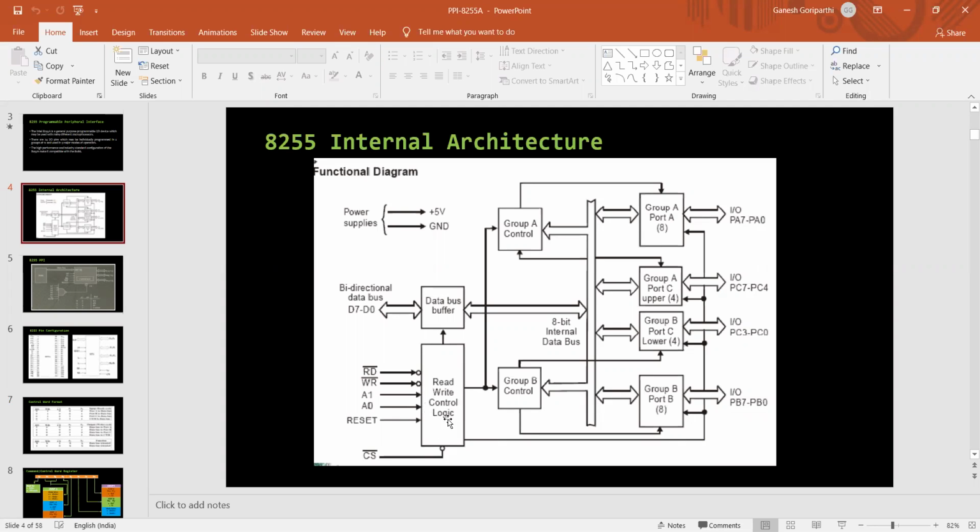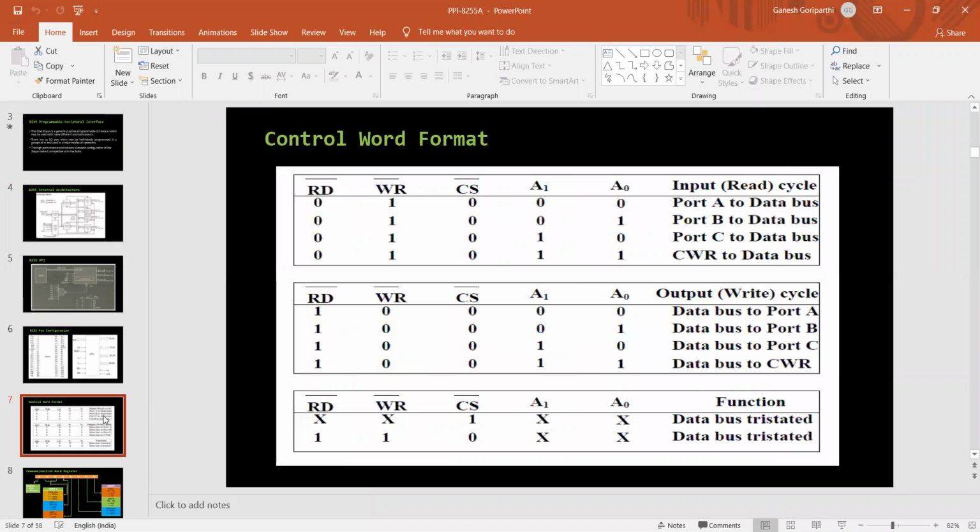That means the control word will be generated from this read write control logic. Based on the values of the signals connected to the read write control logic, you will generate this control signal. That is nothing but the control word format of 8255.